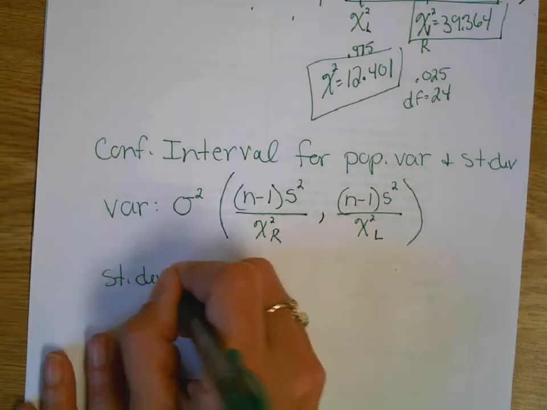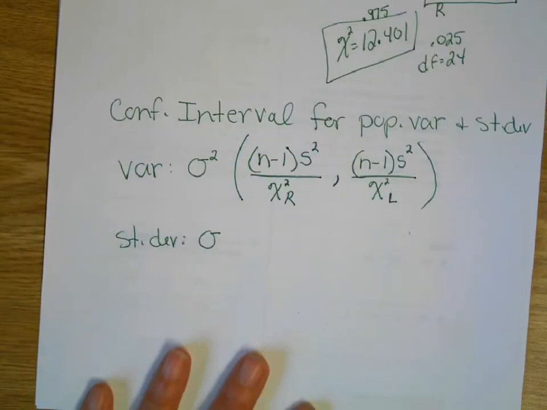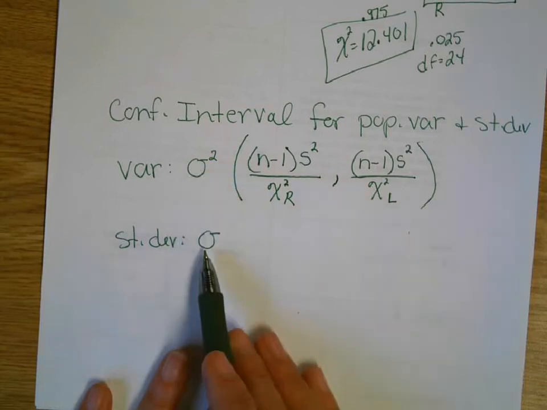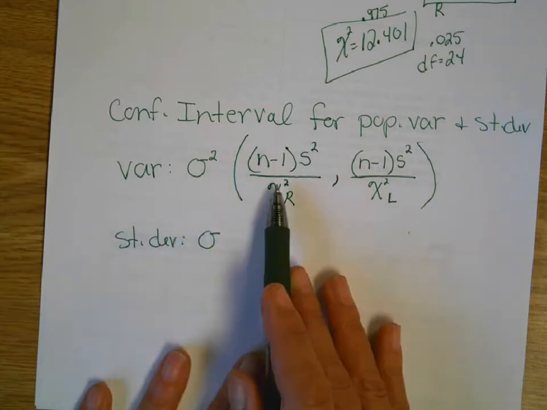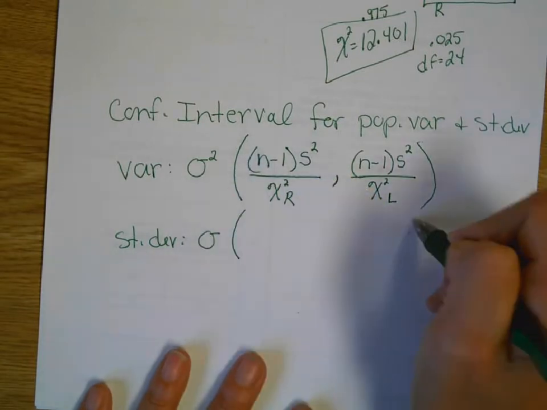Standard deviation interval? You tell me, how would you get from sigma squared to sigma? You're just going to square root both of those answers.